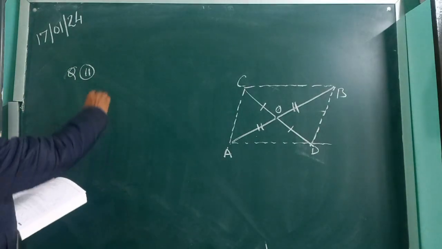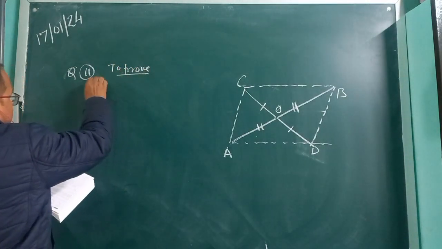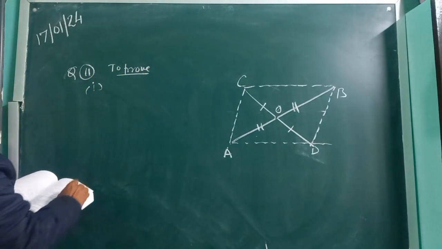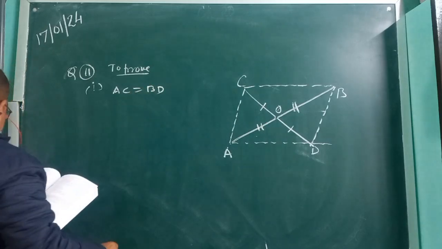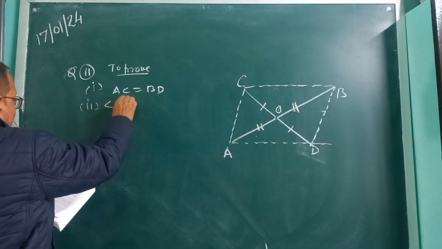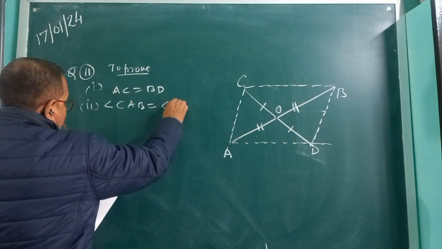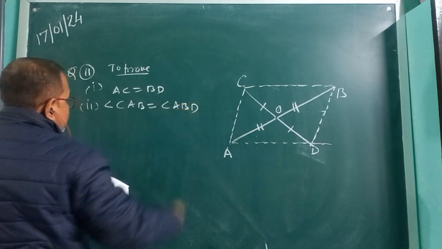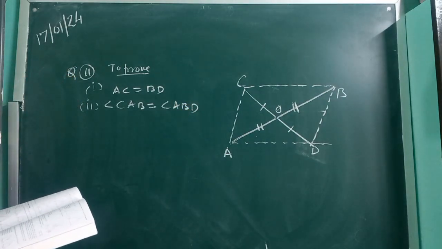Now we have to prove first part AC is equal to BD. And second part angle CAB is equal to angle ABD. Two more parts are there.